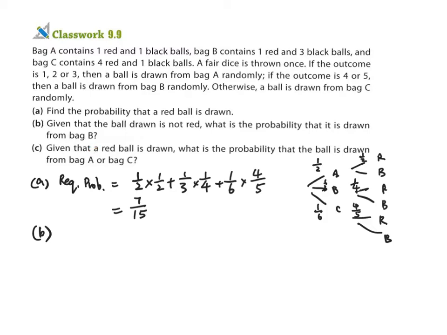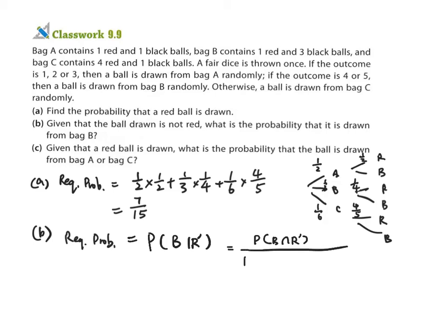So the required probability, say not red is given, that probability not red, and then it comes from B, equals the probability of B and not red over the probability of not red, and the probability of not red comes from all of them, so you're adding up all of them, A, B, C, and R prime.